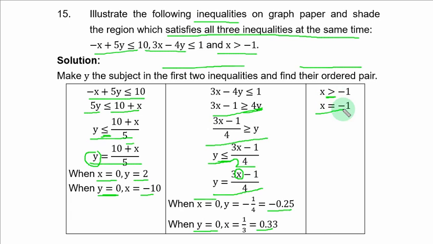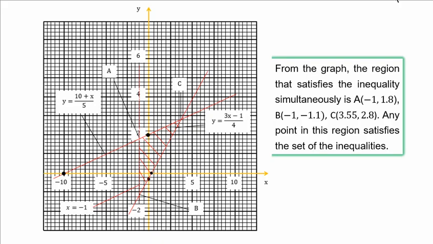Next thing is to plot the various ordered pair on the graph paper. This is a graph showing the solution to the set of inequalities above. You have the first one from the ordered pair. When y equal to 0, s is minus 10. When s equal to 0, y is 2.